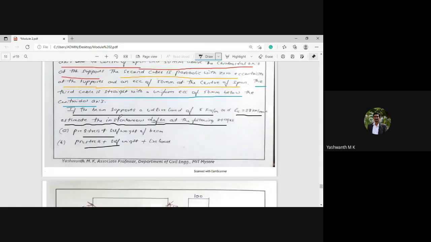Next, the beam supports a uniformly distributed live load of 5 kilonewton per meter, and EC, that is the modulus of elasticity of concrete, is given. What will be the instantaneous deflection at these stages? That means you are assessing the short-term deflection for a rectangular PSC beam or member.